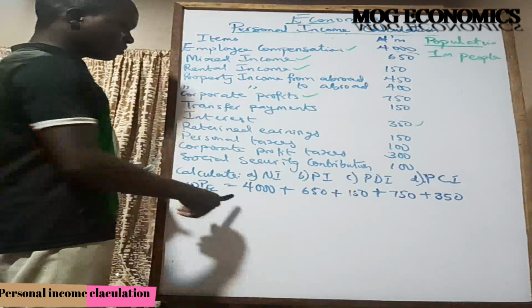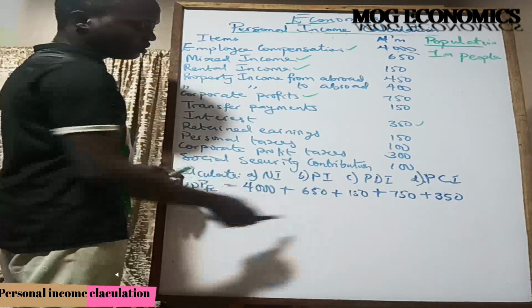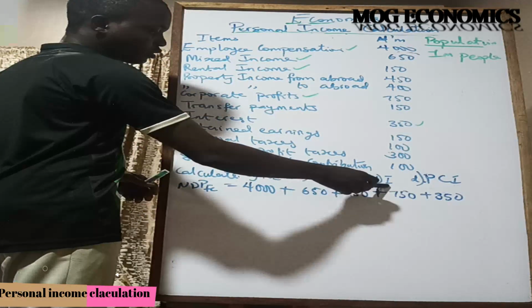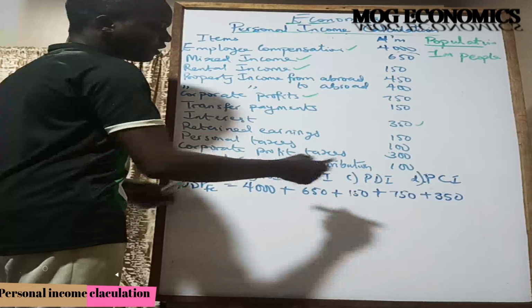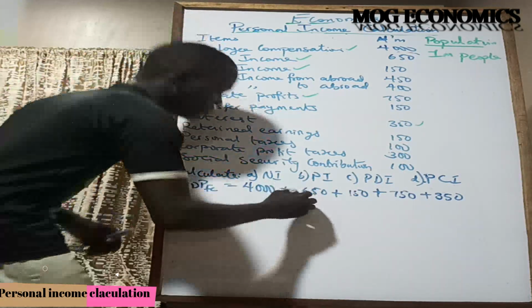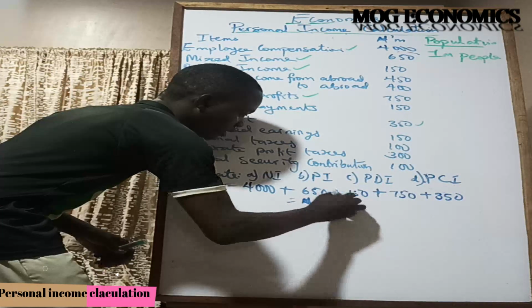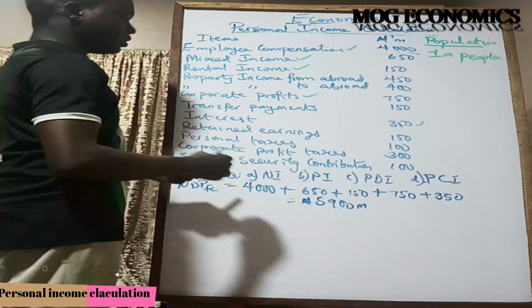Let me do it again. Okay, so NDP at factor cost is actually 5,900 million naira.